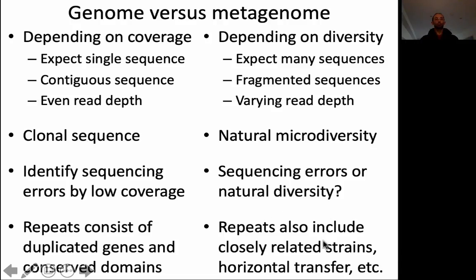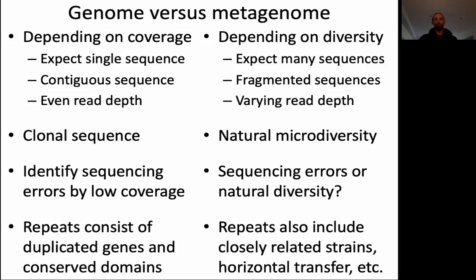And this leads to a much higher complexity in the assembly graph, and they are much more difficult to resolve. And in the worst case, for example, when two genomes that share a certain gene region are both very lowly abundant, it is possible that you miss parts of both genomes and that you could create chimeric sequences.